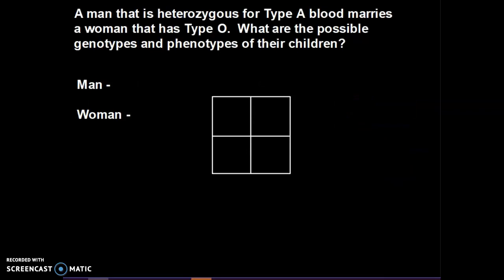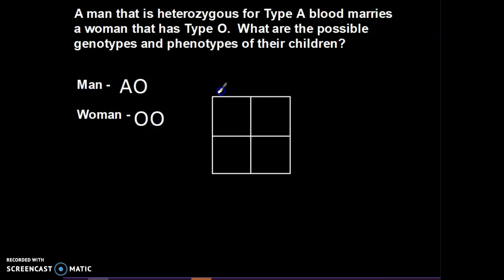All right, so let's do one that is more typical of the EOC. Okay, so a man is heterozygous for type A blood. So now remember, he has A, okay? And he's also heterozygous. So that means he has to have two different kinds. So the only way that could be is if we put AO. Okay, the woman has type O, so the only genotype would be OO, sorry.